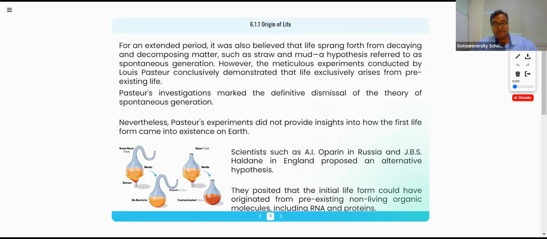In the bent neck experiment, if the bent neck of the round bottom flask is completely open, plenty of microorganisms enter and reside there, if it is unsterile, if it is not heated. If it is not heated and is left as such, plenty of microorganisms enter and get stagnated here.